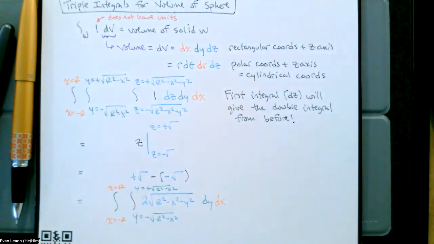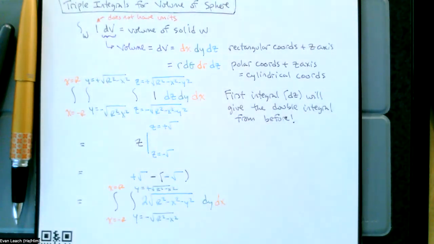Now stuff is round, so our x and y are related in a circle. That's round stuff. Rectangular coordinates are very bad at round things. That's why we have polar coordinates. Polar coordinates are going to be very bad at rectangular things. Say x goes from 0 to 5 and y goes from 0 to 3.